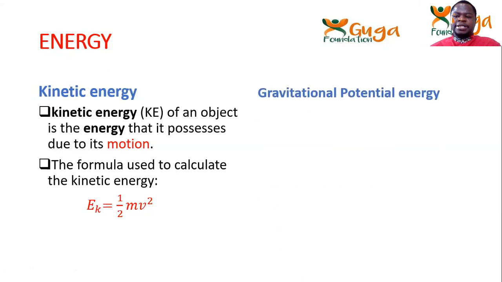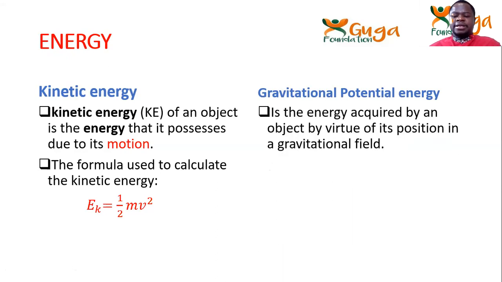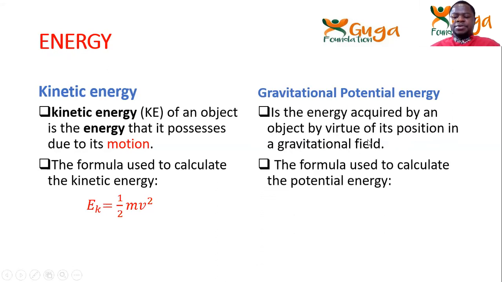Gravitational potential energy. This is the energy acquired by an object by virtue of its position in a gravitational field. The formula used to calculate the potential energy is EP equals mgh.